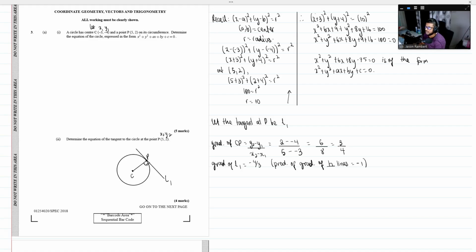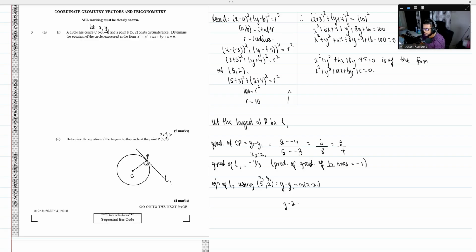I don't want to see 'product of lines is minus 1' or 'perpendicular lines is equal to minus 1'. That doesn't make sense. It's the product of the gradients of perpendicular lines that is minus 1. The equation of L1 using P, which is (5, 2), which now becomes my x1 and y1, is given by the equation y minus y1 is m into x minus x1.